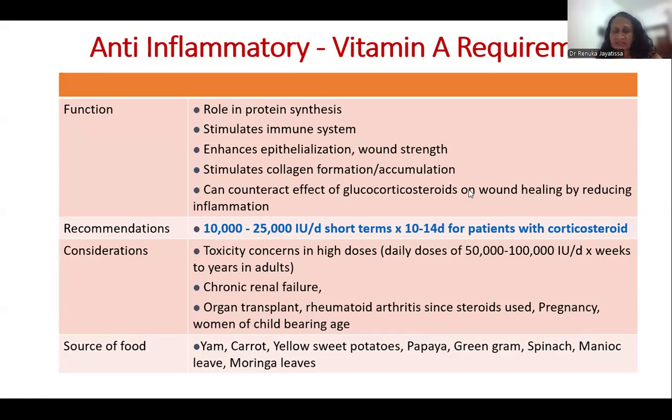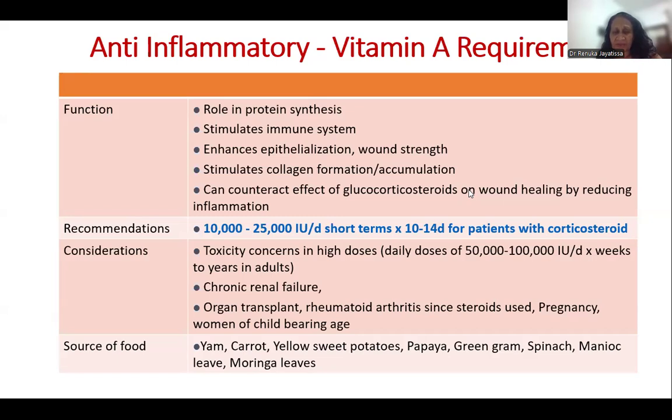The usual recommendation, especially for people on corticosteroids, is a short-term supply, like 2 weeks, of 10,000 to 25,000 international units per day. But very high doses can lead to toxicity as well as chronic renal failure, so you have to consider what type of patients you are prescribing this for.